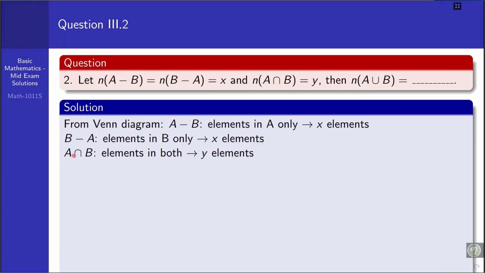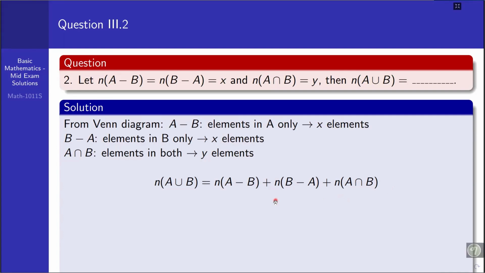Then the number of the intersection of A and B, that is elements in both A and B, is given to be Y, because we are given that here. Then the number of A union B is equal to the number of those elements that are contained in A only plus in B only plus the intersection of these two.